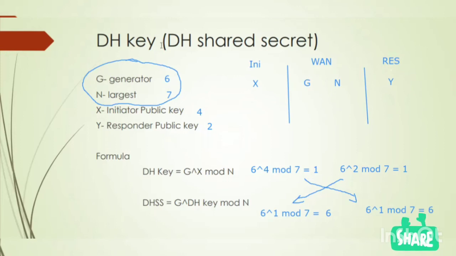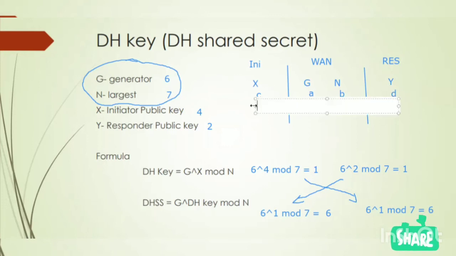So now what is happening here is, let's say the G value is A and the N value is B, and the X value is, let's say, C and the Y value is D. So first they will calculate the DH key.